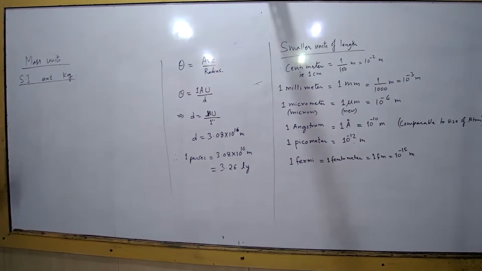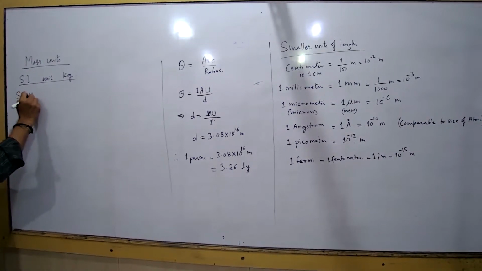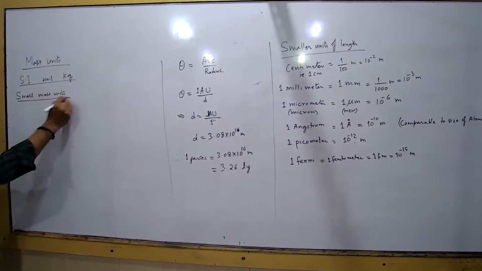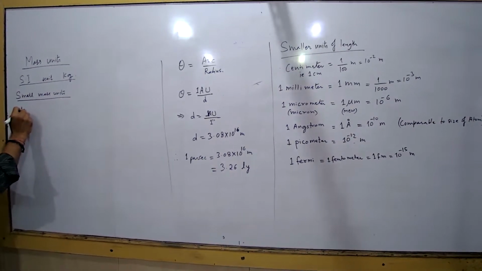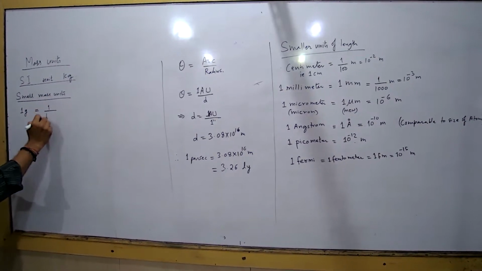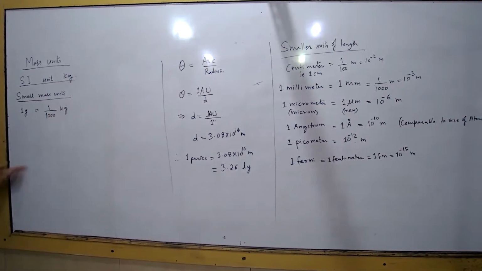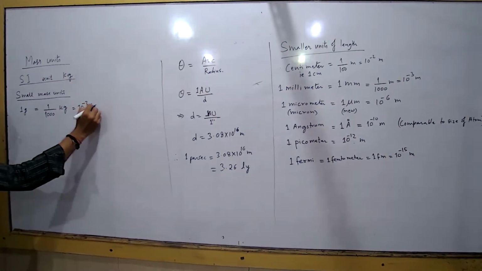Like what is the mass of an atom? Atomic mass unit. So first we'll see small masses in the metric system, like 1 gram. How much is 1 gram? 1 gram is 1000th part of a kilogram, that is 10 raised to minus 3 kilogram.